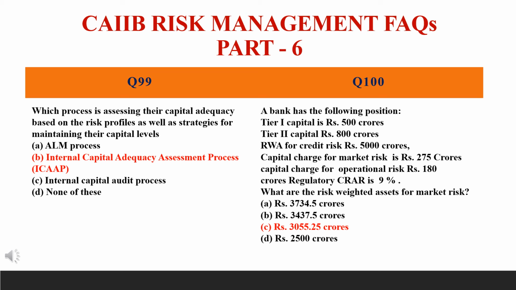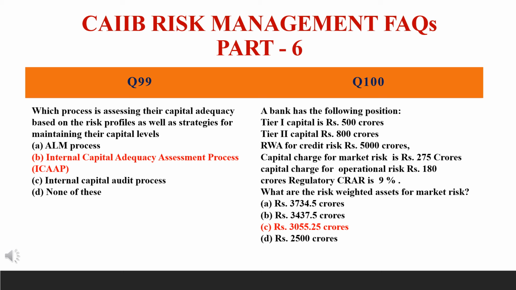The answer here is the second option, B, Internal Capital Adequacy Assessment Process, ICAAP. What is this? This is a process for assessing the capital adequacy based on the risk profiles as well as strategies for maintaining their capital levels by the bank.